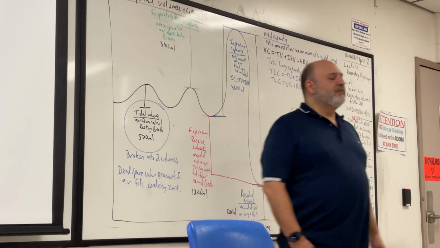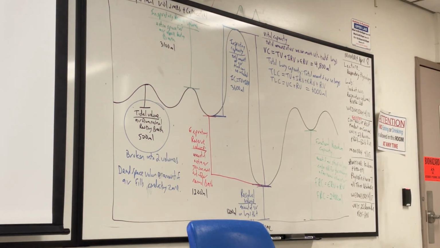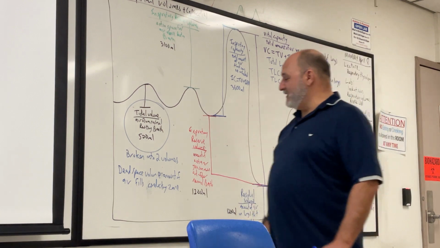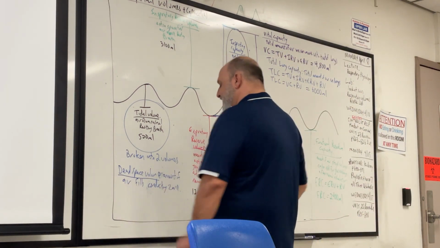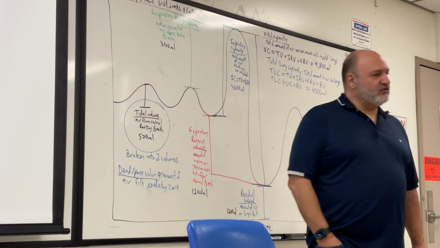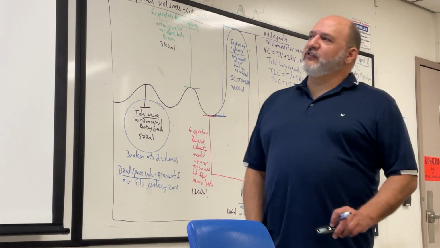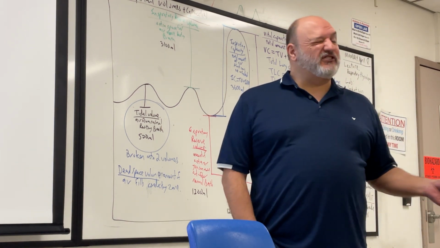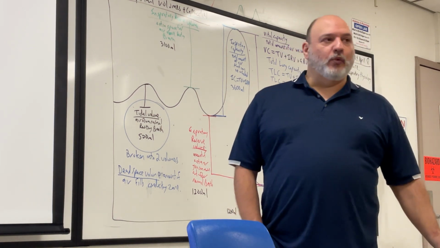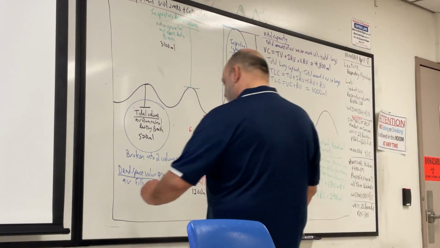Is it important? Absolutely. It helps to keep the airways open. It helps in the filtering and all of that other processing, but it doesn't get to participate in gas exchange. The part of the tidal volume that gets to participate in gas exchange we call the functional volume.